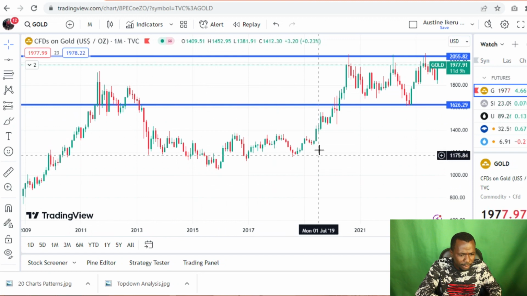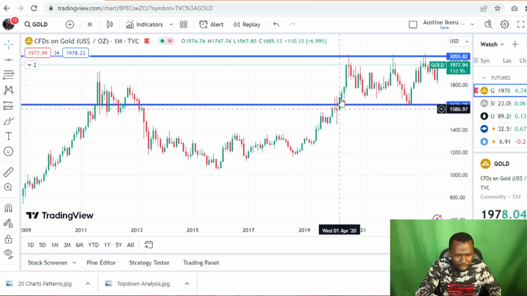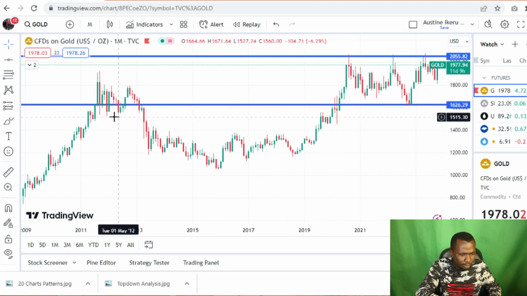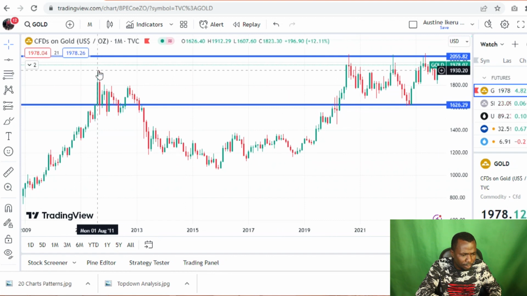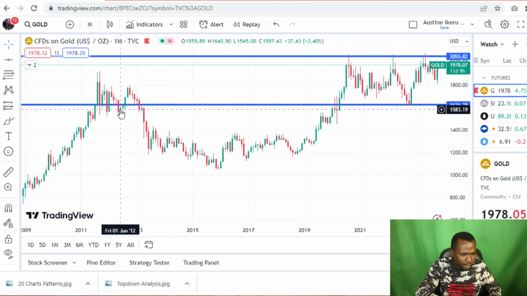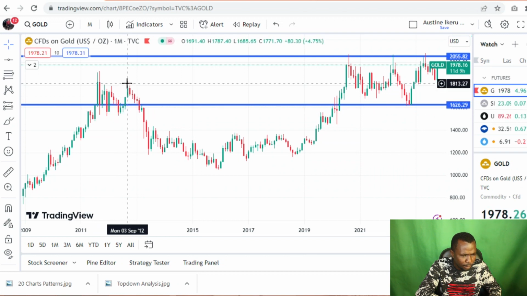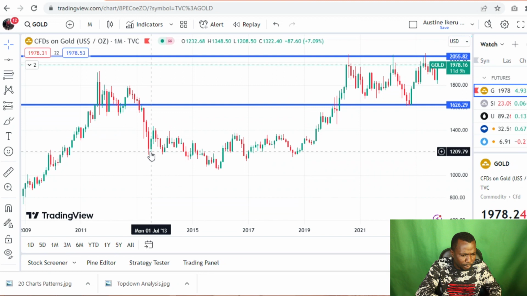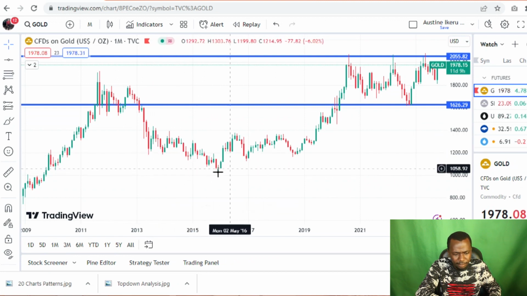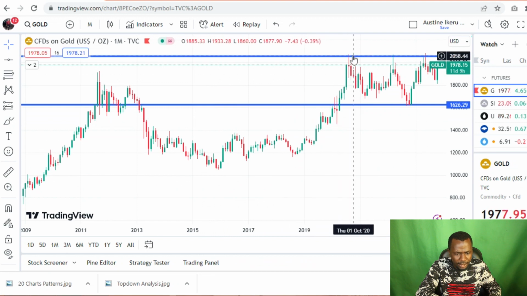Now the price went back to this level and broke this level, because formerly the price broke above this level, then came down here to retest the level, went up again, then broke below the level. And then it was going down, reversed from here, and went up again.